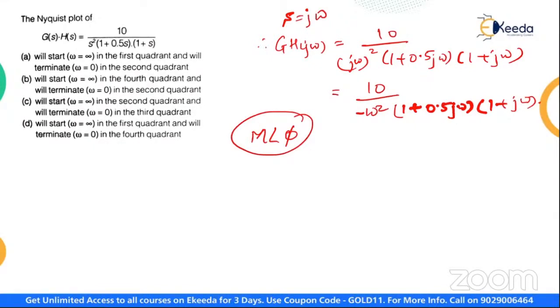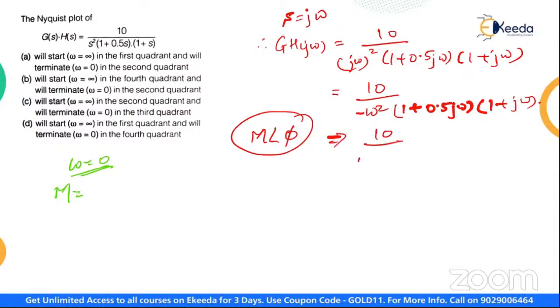If you try to find the magnitude, what is the magnitude? Let us consider what happens at omega equal to 0. First of all, if you want to find magnitude, then we need to represent this in terms of magnitude and phase.